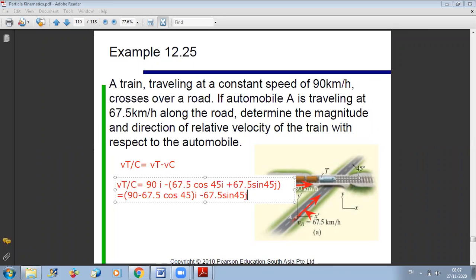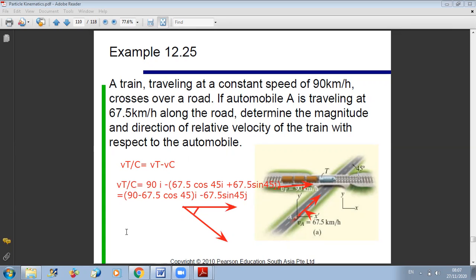And for the direction, how to determine the direction? I can see from my result that it has a positive I component, negative J component, so I can represent it like this. This is my velocity vector. And to give the direction, I should define this angle here. What is the value of this angle here? So to find this angle, I am in the fourth quadrant.